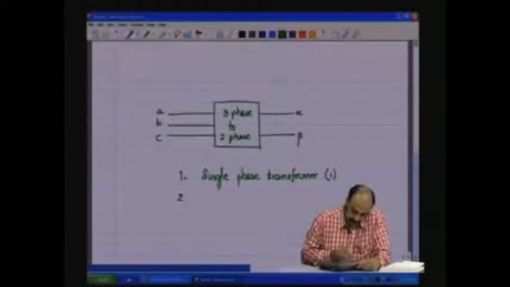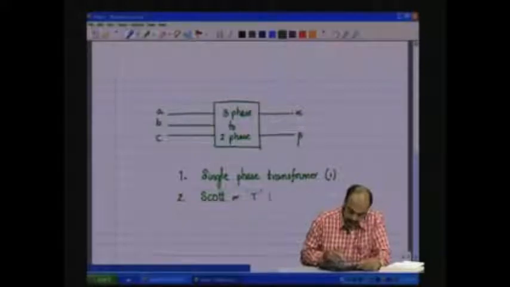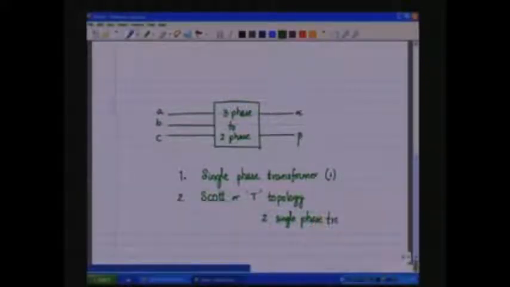In the other method, it is called the Scott or the T topology, where 2 single phase transformers are used.